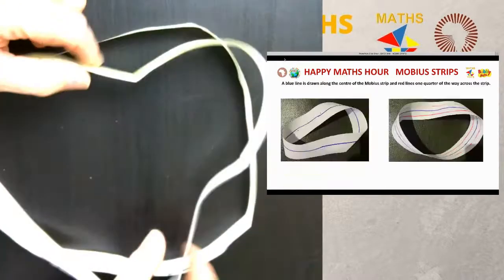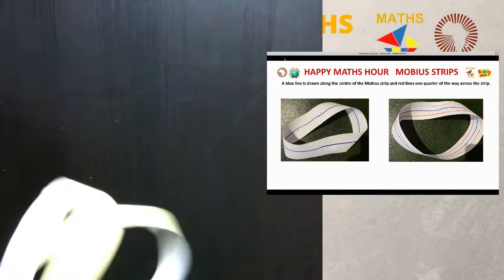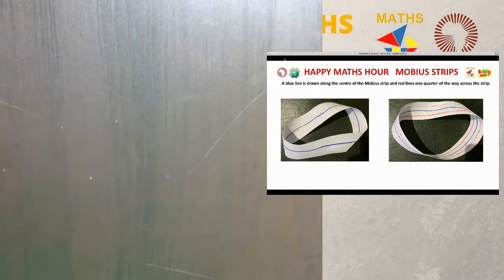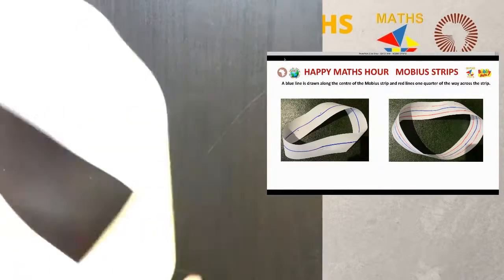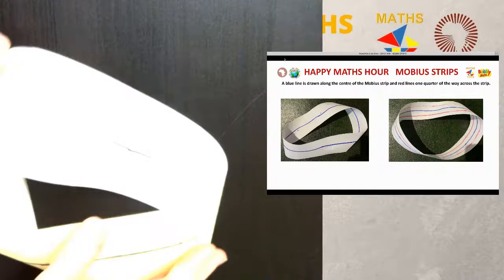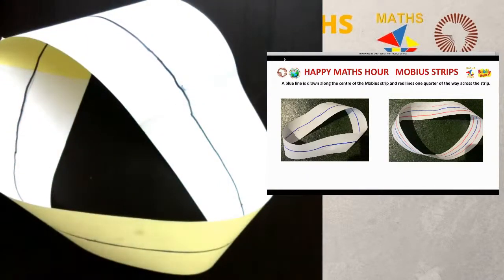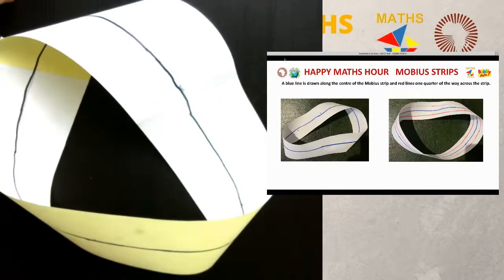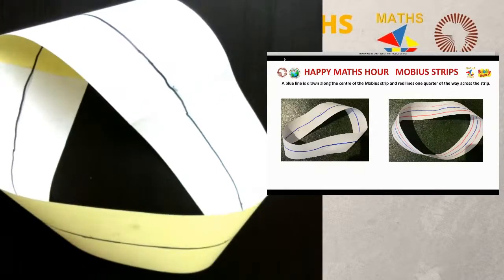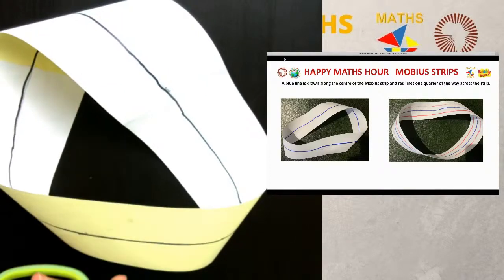Okay. So then, supposing we do something similar on a Mobius strip. With the blue line drawn along the center of the Mobius strip, and we've also got red lines, but we'll come to those in a minute, on the one on the right. Something very interesting happened while I was drawing that line.